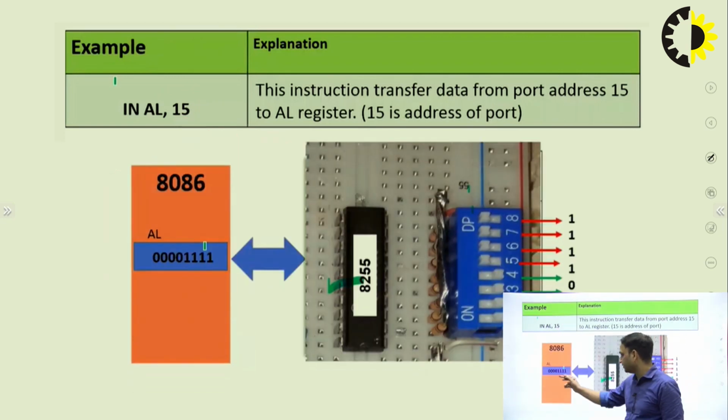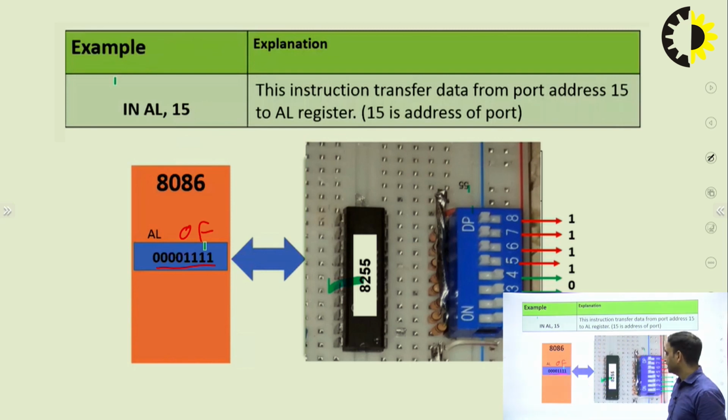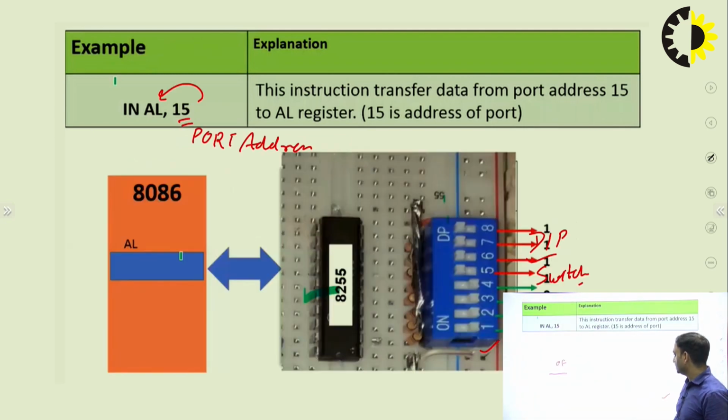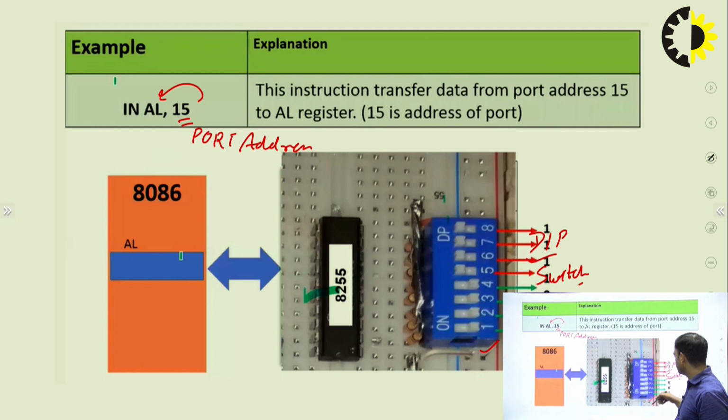Suppose the AL register contains 0F, and this will be stored into this IC, and the output will appear through this pin. So what does it show in this case? These are the inputs for all these switches, 1, 2, 3, 4, 5, 6, 7, 8.